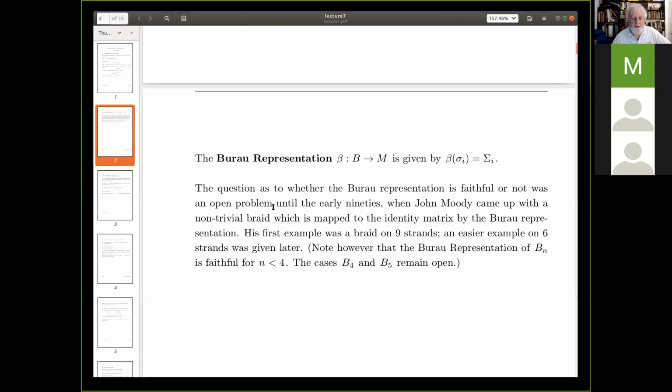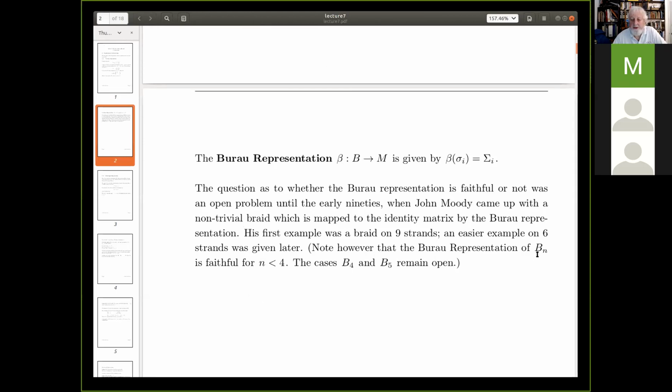And then a little bit of chat. Nobody's come up to tell me if anything new has been proved. The Burau representation is not faithful. In other words, there are non-trivial braids which under the Burau map go to the identity matrix.